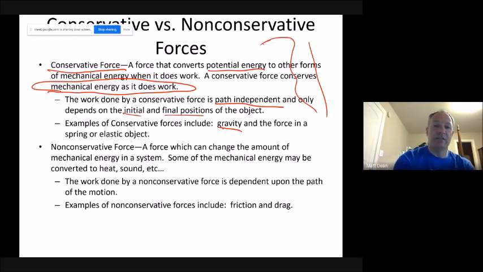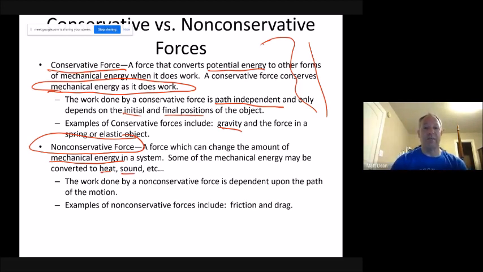On the other hand, let's contrast conservative forces with non-conservative ones. This is a force that can change the amount of mechanical energy in a system. Typically, what that means is when this force is acting on the object, some of that energy is converted to a non-mechanical form of energy, like heat, like sound, maybe even light.